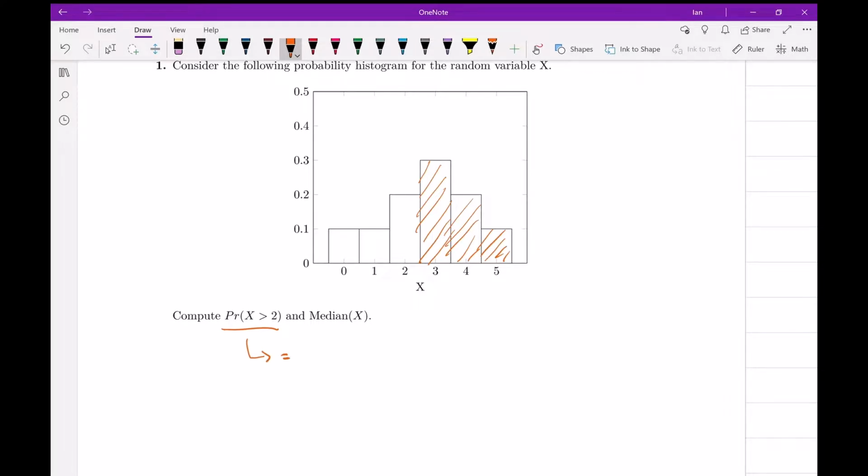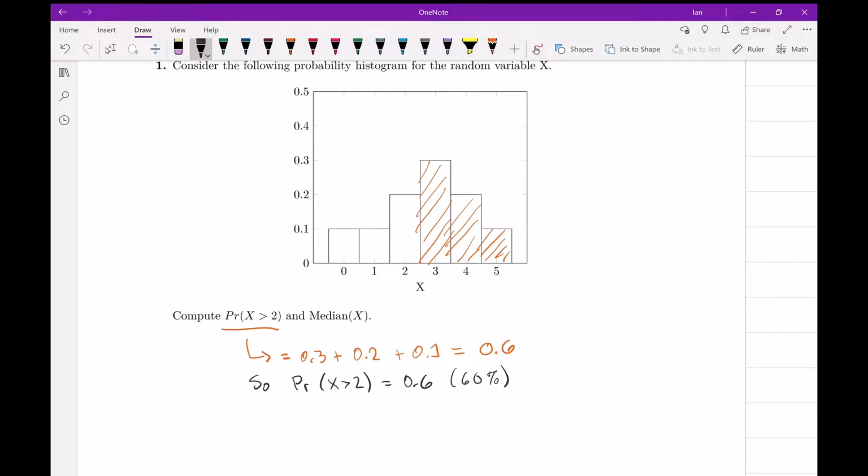So this equals the height at 3, which is 0.3, plus the height at 4, which is 0.2, and the height at 5 is 0.1. So this adds to 0.6. So the probability of x greater than 2 equals 0.6, or 60%.